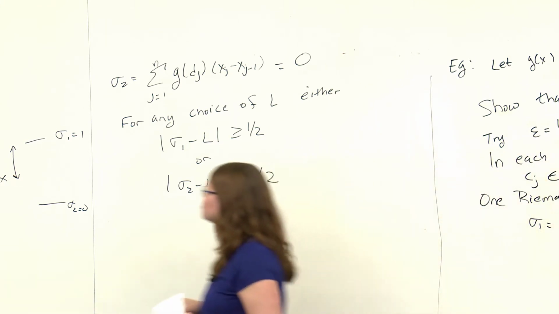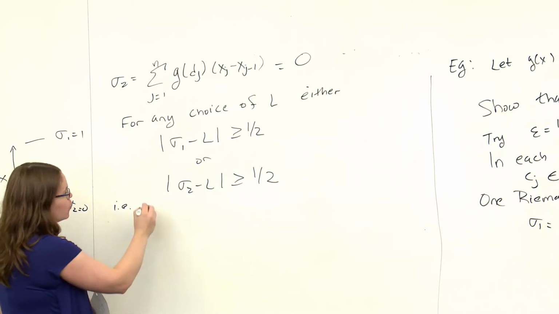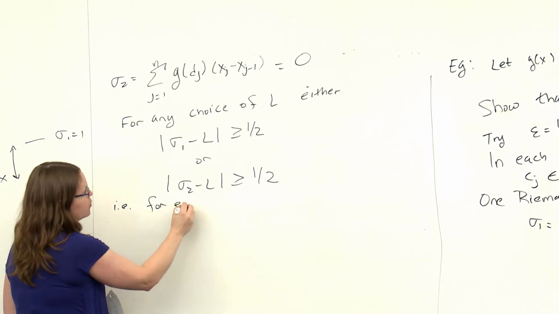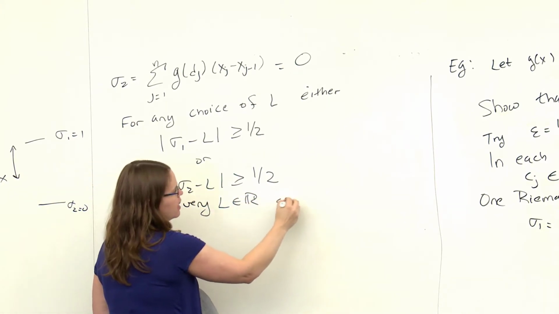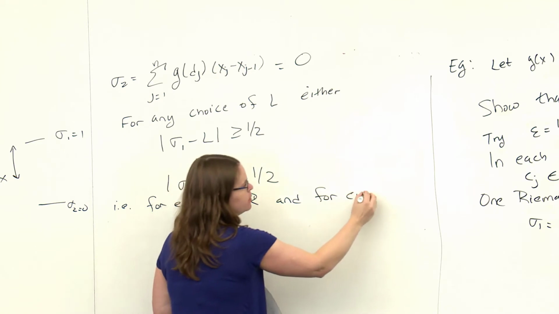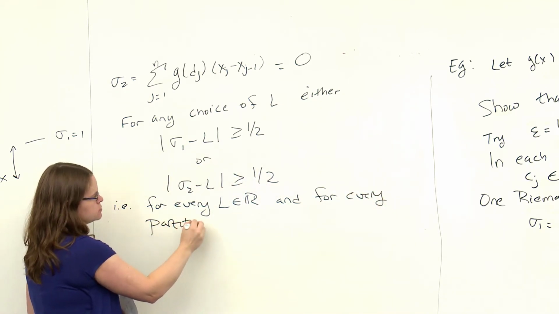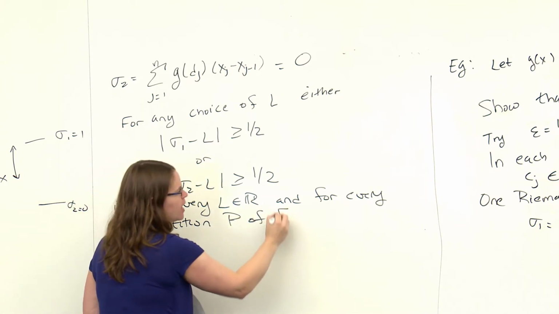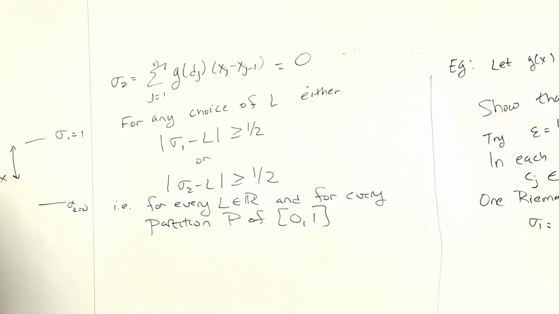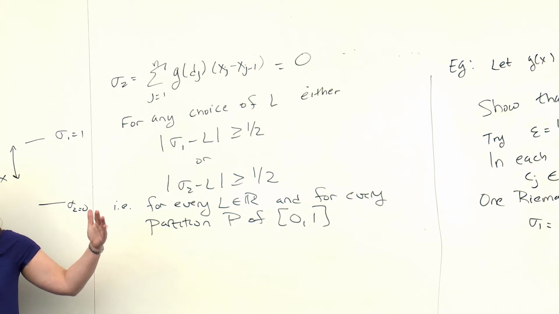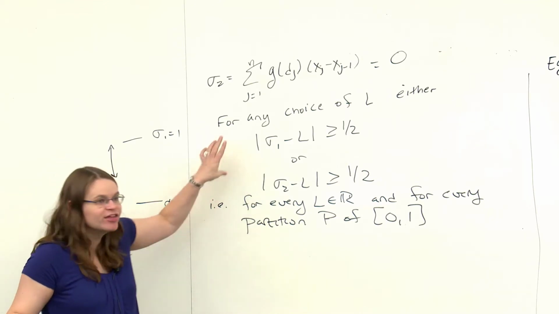So in other words, for every L and for every partition, no matter how refined, I don't care if you break your interval up into a googolplex of equally spaced points, we can still do this.